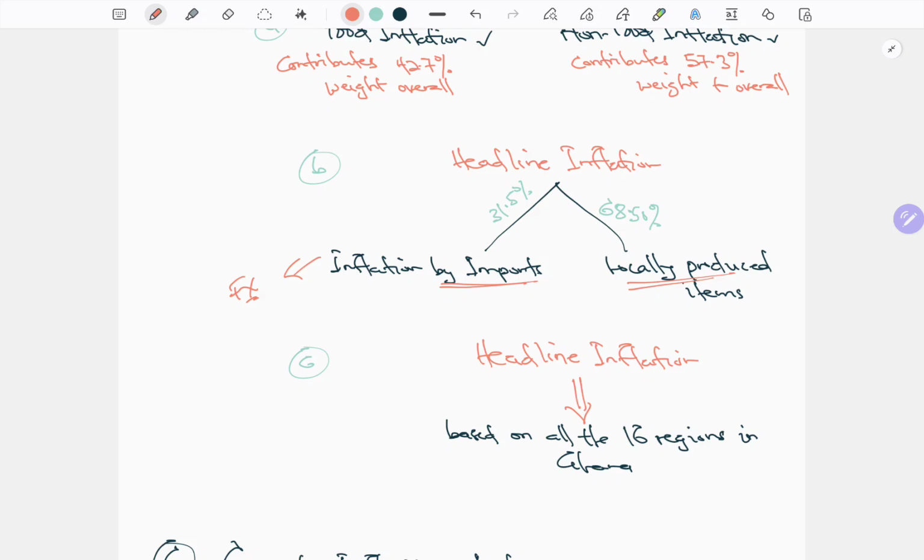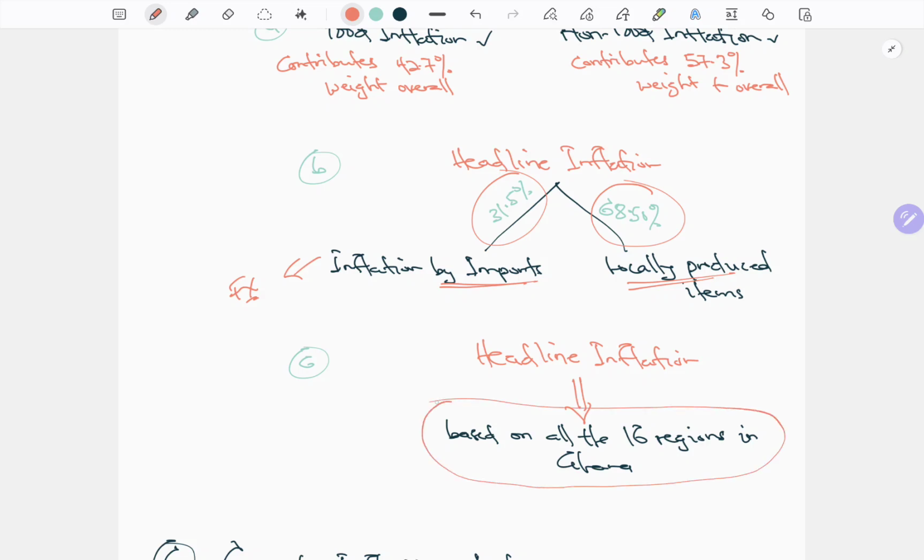Now for locally produced, it contributes a greater chunk, 68.5% of overall inflation, whereas the imported inflation contributes 31.5% of our overall inflation.